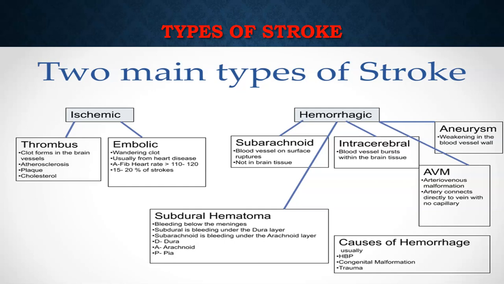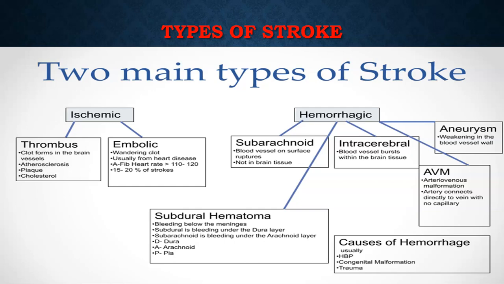Okay, it happens after a traumatic brain injury. The blood accumulates under the dura mater, compressing the brain tissue, which causes the hemorrhagic stroke, again with a lot of damage to the brain tissue. And the cause of hemorrhagic stroke, mostly, if it's an aneurysm and other strokes, is usually hypertension or high blood pressure.